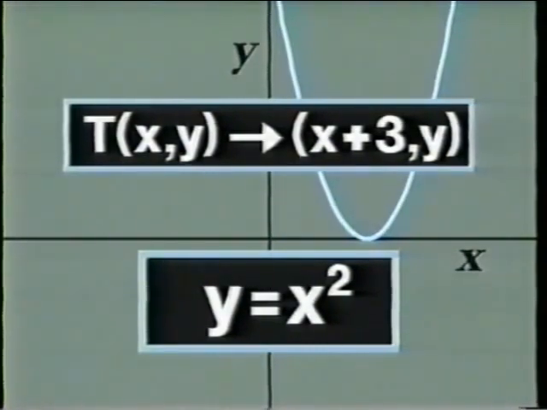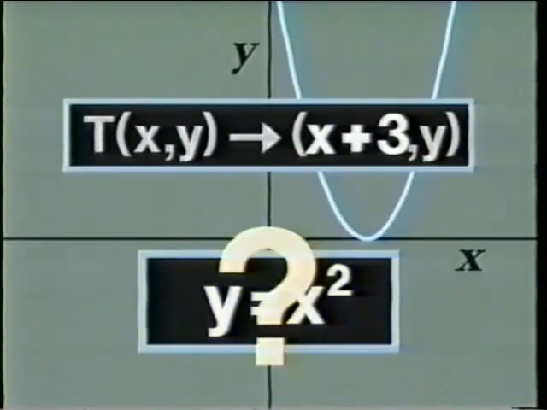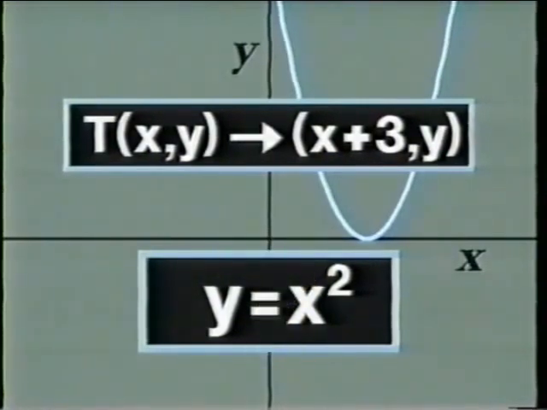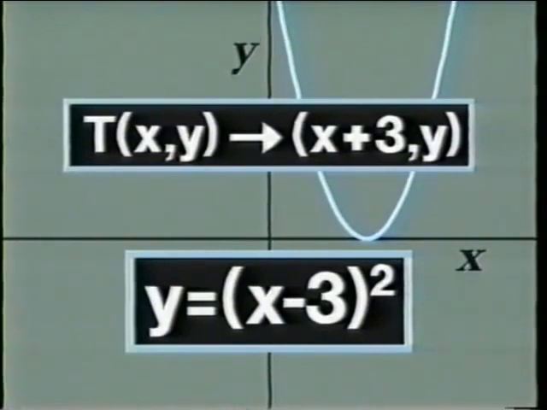As we've seen with the circle and the ellipse, a plus sign in the translation corresponds to a negative sign somewhere in the equation. We've replaced x with x + 3 in the translation. So we must replace x squared with (x - 3) squared in the equation.